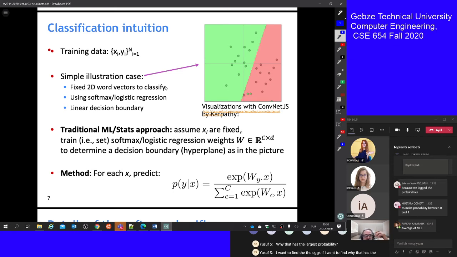Of course, in order for this to work, I need to find these W's, right? W1, W2, W3, W4, and W5. That's what I'm going to do. So this is a very classic machine learning example. It uses Softmax, or Logistic regression.